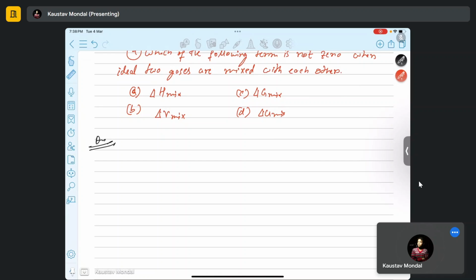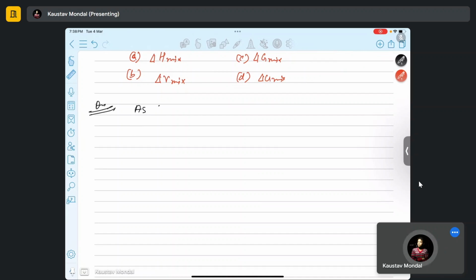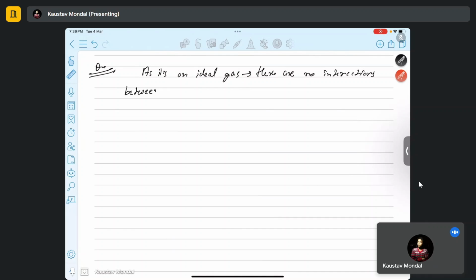Okay, so as it's an ideal gas, there are no interactions between the gases that are mixing, right?